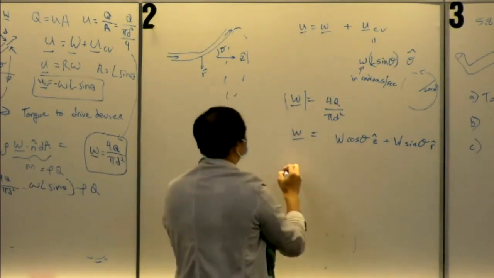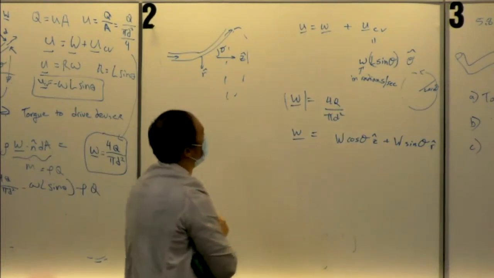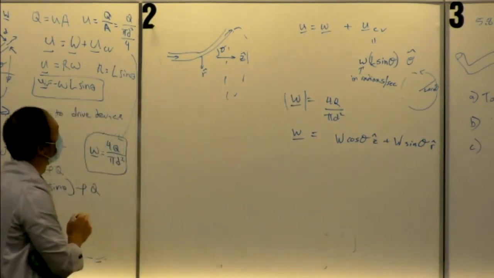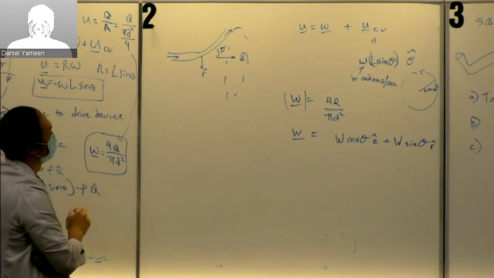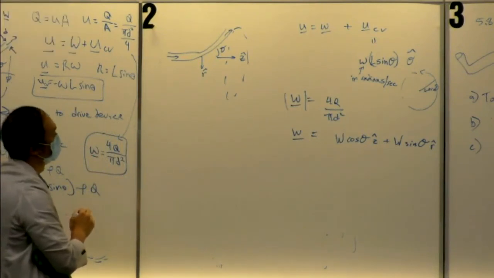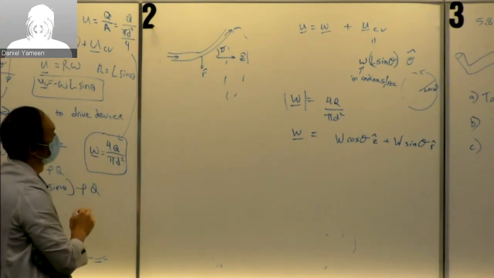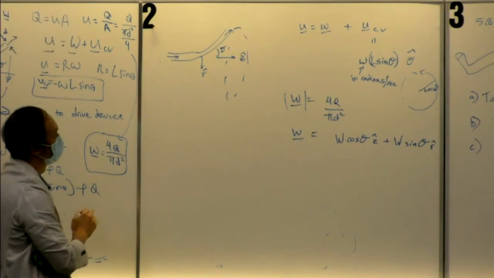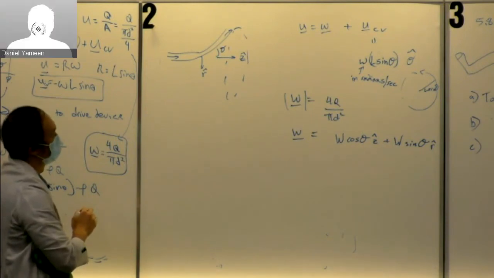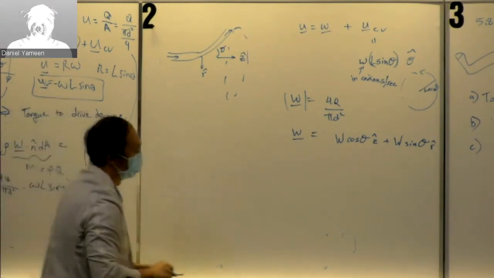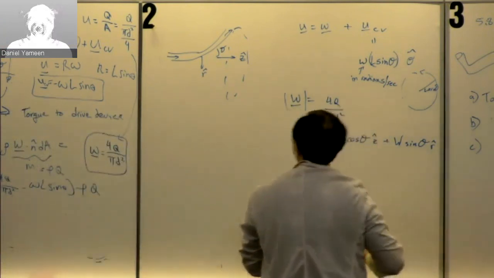So are we assuming the relative velocity is perpendicular to the control surface? And then I guess UCV is tangent to the circle that the whole thing's rotating about? Like if you were to actually draw out the vectors on the diagram. Oh, for W?